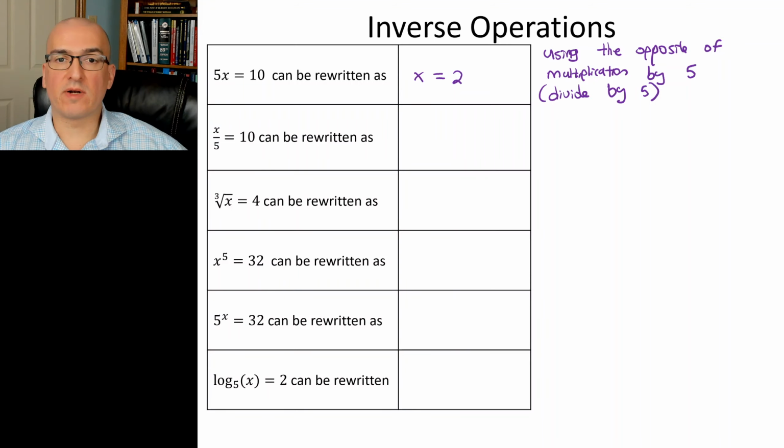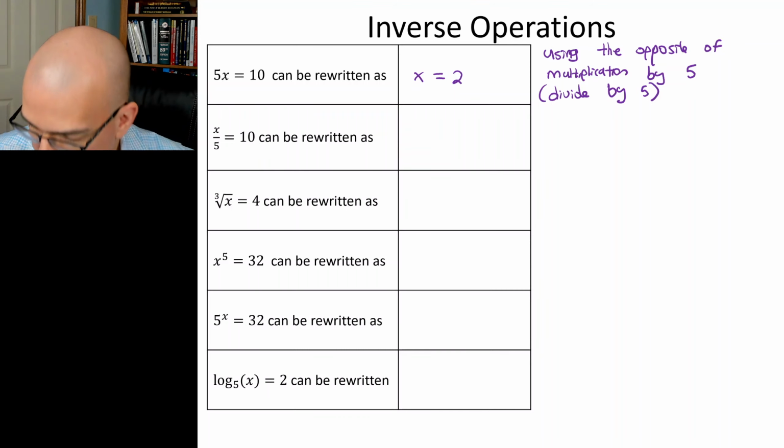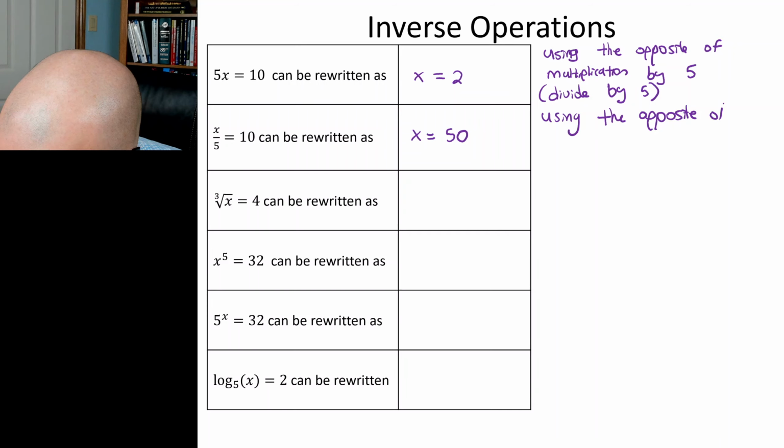And then in the next one, I have x divided by 5 is equal to 10. I want to get x all by itself, so I want to undo the division by 5. I want to do the opposite to division by 5, so I'm going to multiply by 5. I get x is equal to 50, using the opposite of division by 5, which is multiply by 5.